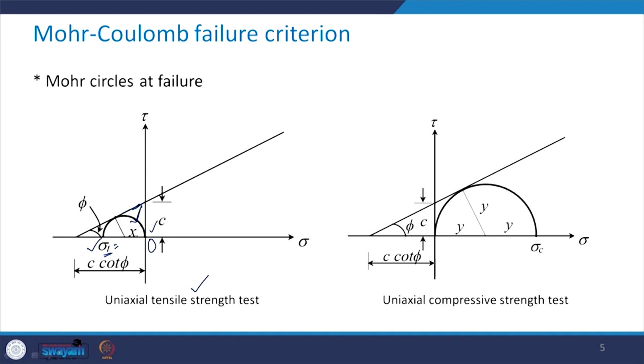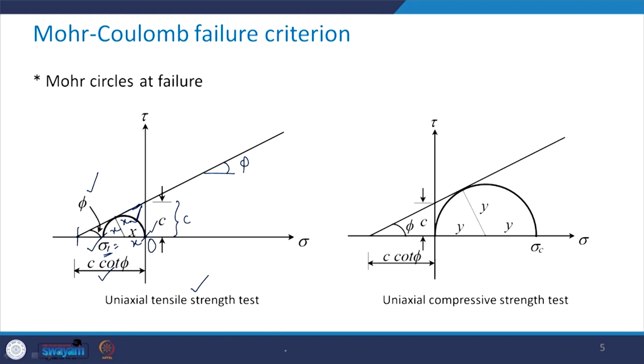Now, the radius of this circle is going to be sigma t upon 2, because this total is sigma t. This is x, this is also x, and this is also x. And since this distance is c, this angle is phi, as shown here. This distance from this point to this point by simple trigonometry is going to be c cot phi.